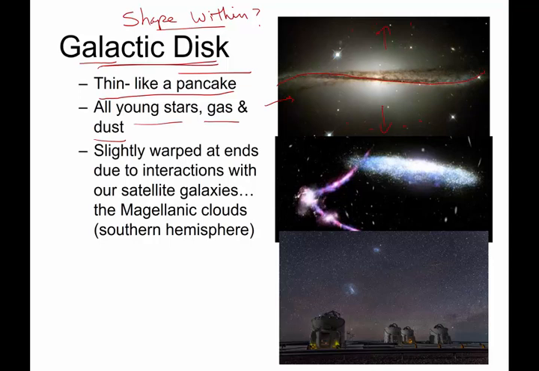This slight warp in the galactic disk, we believe, is due to gravitational effects of our neighboring galaxies, such as Andromeda and the Large and Small Magellanic Cloud. So our neighboring large gravitational objects are actually making our galaxy be sort of wobbly shaped, which I think is quite fabulous.